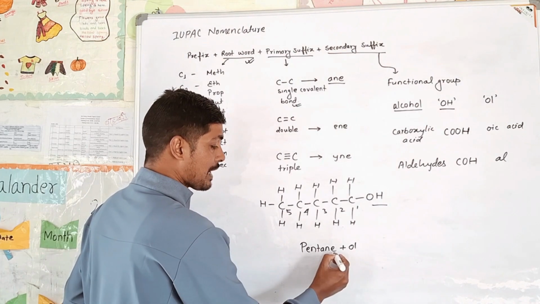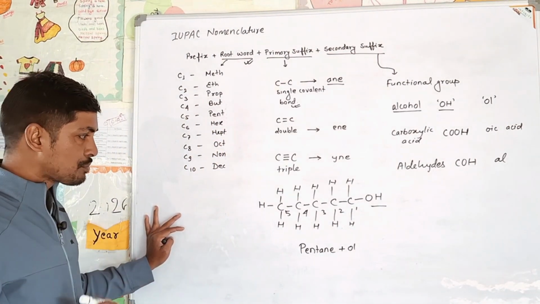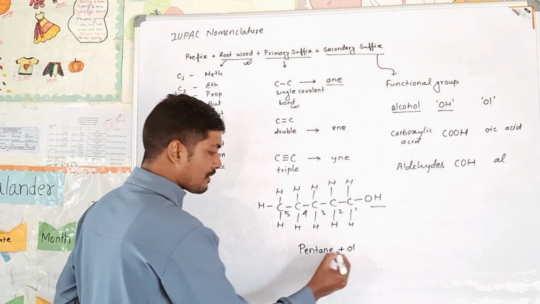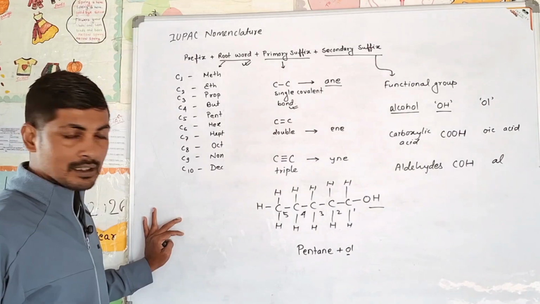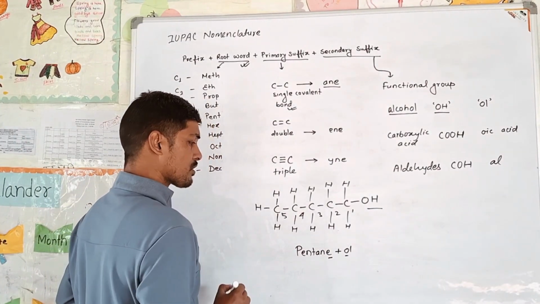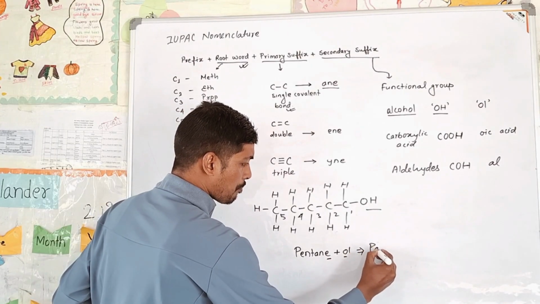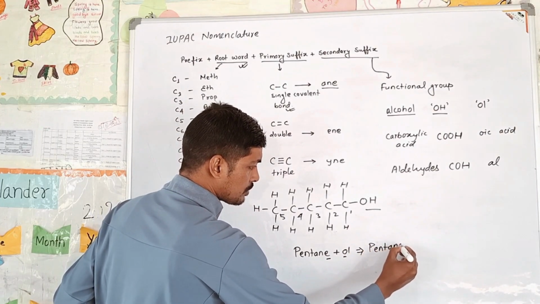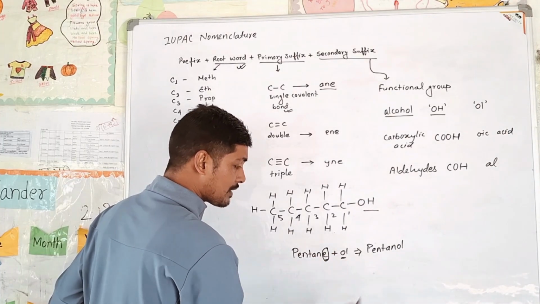Now, one thing that we have to be careful about while writing the IUPAC name is that if the first letter of the secondary suffix is a vowel, then it replaces the E of the primary suffix and it becomes pentanol. Here this E is replaced by this first vowel letter.